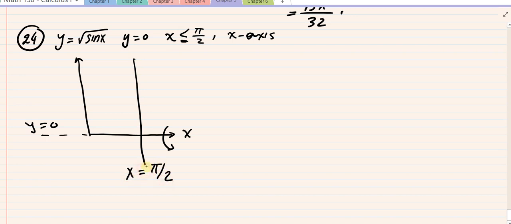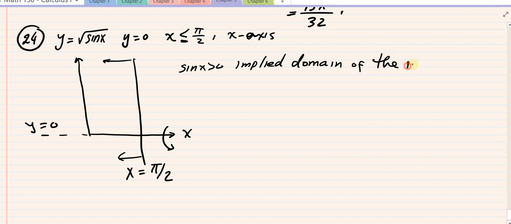Right, x equal pi over 2. Less than or equal means everything to the left, right, of that. And then let's see, square root of sine x. Well, because the radicand must be positive, we know sine x has to be positive, right? That's the implied domain of the radical.